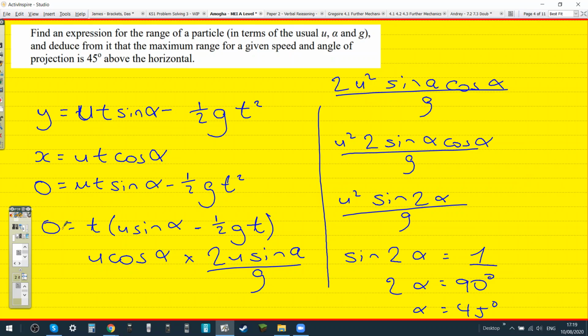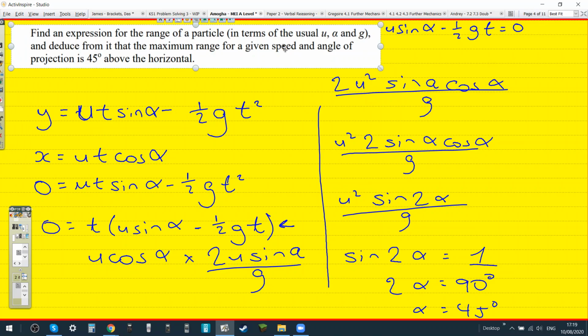If we were to... so this one here, remember we factorized out t. So either t is 0, which it definitely isn't, or u sine alpha minus a half gt is equal to 0. Do you get me? Yeah.